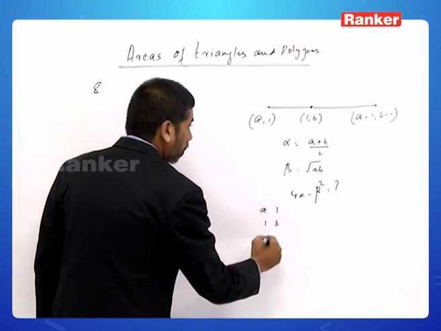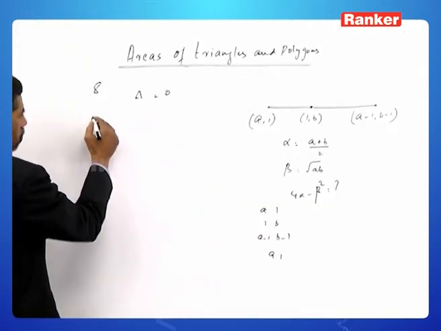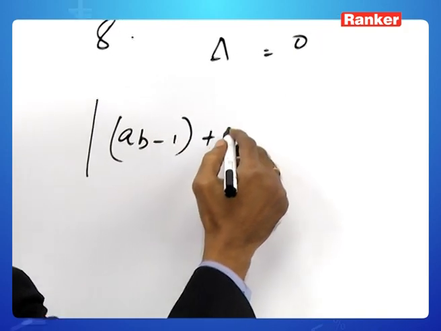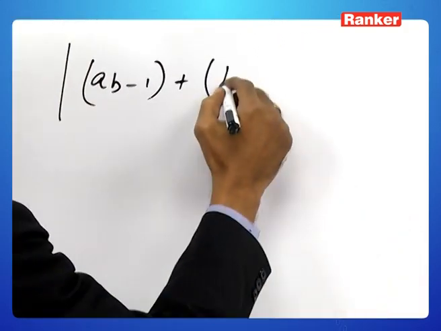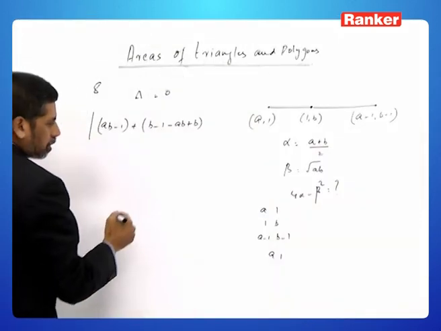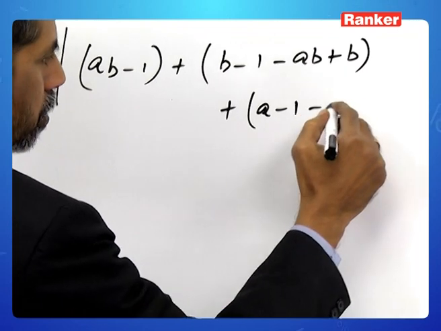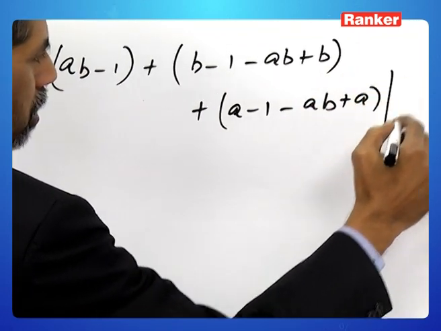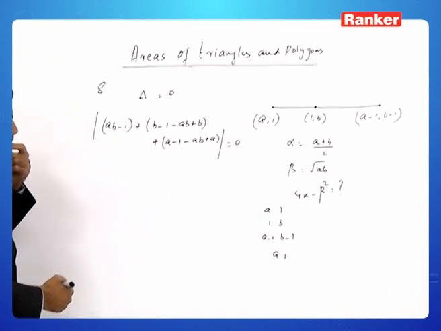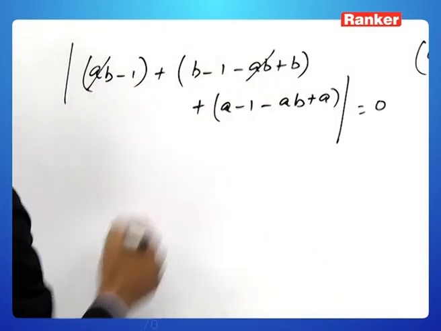a 1, 1 b, a minus 1, b minus 1, and a 1. So mod ab minus 1 plus b minus 1 minus ab plus b plus a minus 1 minus ab plus 1, ab plus a. This is 0 because of collinearity. Now if you look at the situation here, this goes off.